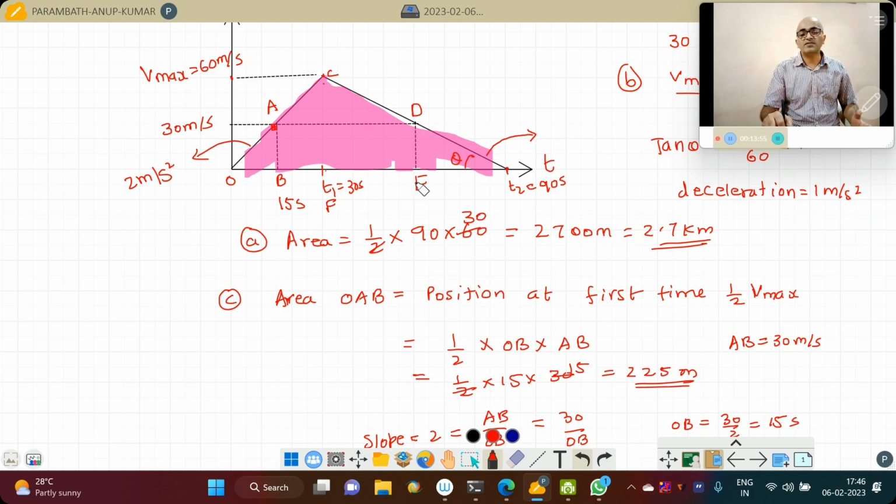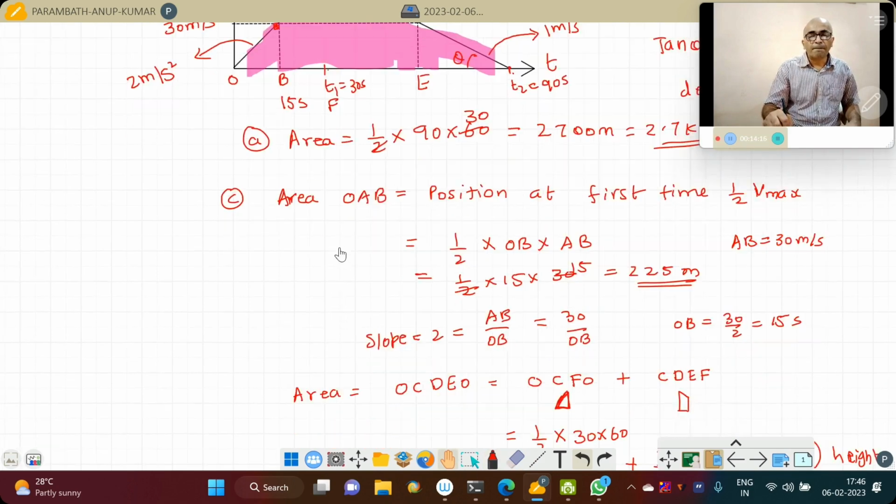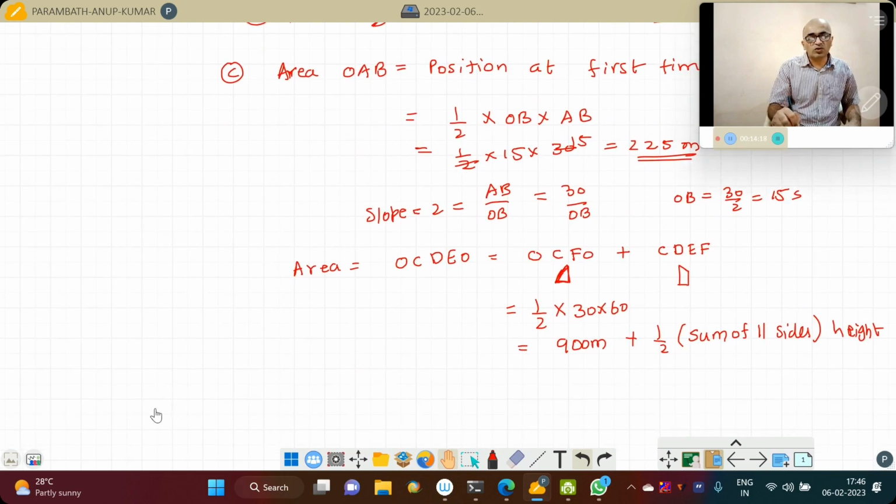How can I find out? Again by the slope I can find out. The slope I have found out to be 1 meter per second square. This vertical height, this DE I know, that is 30 meters per second. I don't know what is T to T2. I can find out that. Carefully pay attention what I am doing. Slope is equal to 1.